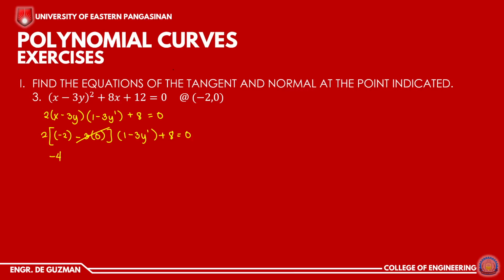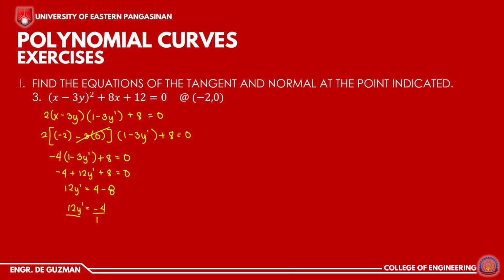So, negative 4 times 1 minus 3y prime plus 8 equals 0. So, negative 4 plus 12y prime plus 8 equals 0. So, 12y prime is equals to 4 minus 8. So, 12y prime is equals to negative 4.